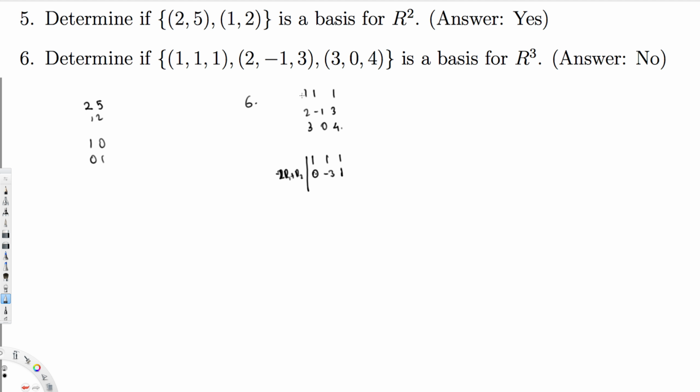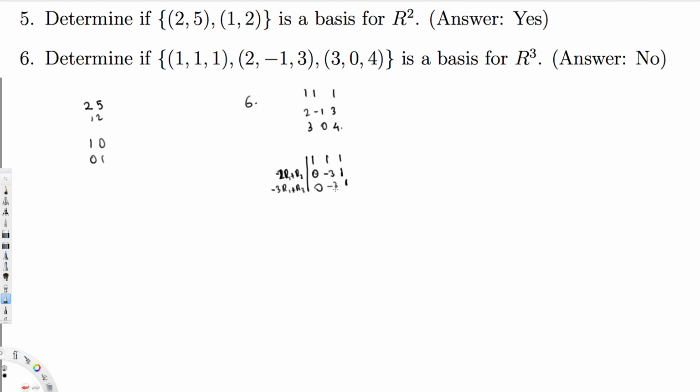Then I do the same thing for the third one: -3 R1 plus R3, because I want to make this one 0. So -3 plus 3 is 0, then -3 plus 0 is -3, and -3 plus 4 is 1.